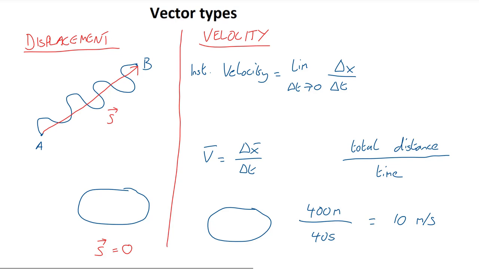The athlete's average velocity, on the other hand, will be zero, because their total displacement is zero. Their starting point is the same point as their end point. Their total displacement is zero, therefore we have 0 over 40, which is 0 meters per second. So remember, instantaneous speed is the same thing as the magnitude of instantaneous velocity, but average speed and the magnitude of average velocity are not necessarily the same and typically are not in the MCAT.